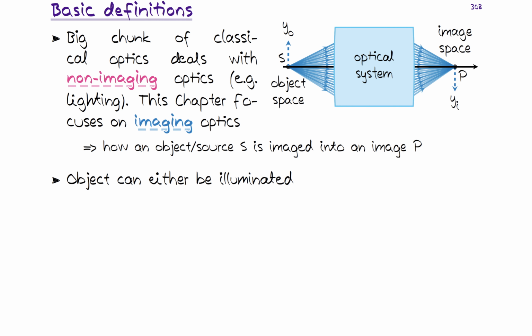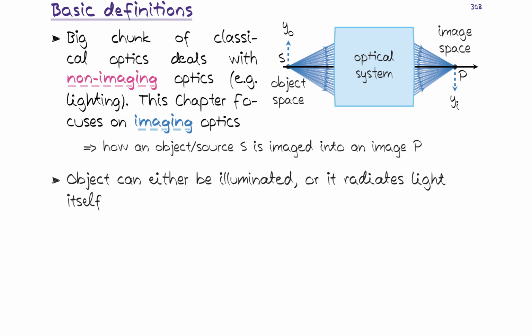And either we can illuminate the object, and that way light is being scattered by the object point, and then we are imaging that scattered light into the image point, or the object point in itself can also radiate light. So it could be, for example, a fluorescent molecule. That would many times be a relevant scenario when we are looking at fluorescent microscopes.